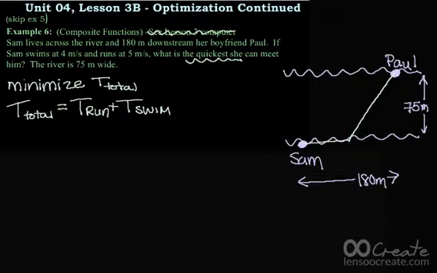So if we look at our diagram, what we have here are not actually the time that she spends swimming and the time she spends running. What we have are the distance that she ran and the distance that she swam. So I am going to arbitrarily choose that this distance is going to be x, so this distance that she ran is going to be 180 minus x.